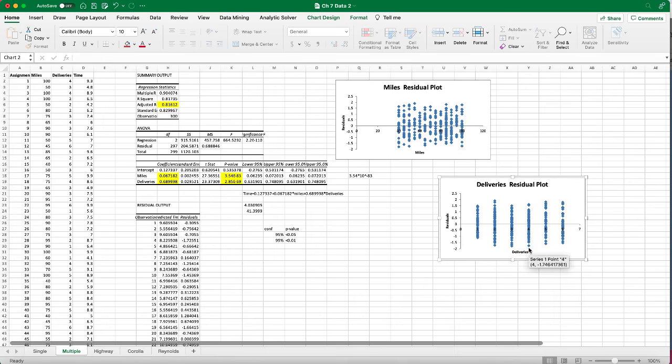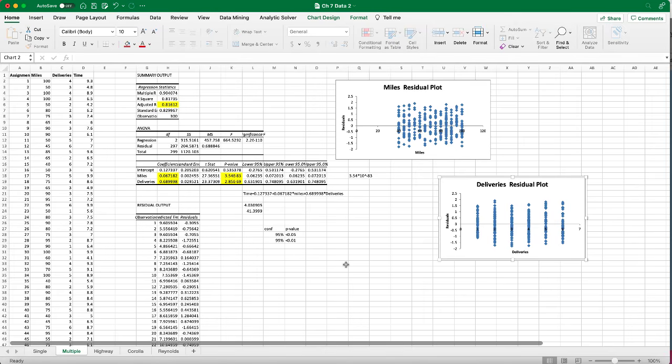That's just the nature of the data. Similarly, the miles range from 40 miles to 100 miles in increments of 5, so 40, 45, 50, 55, and there's no number of miles like 42 or 43. That's why you're seeing the residuals look like stripes again.